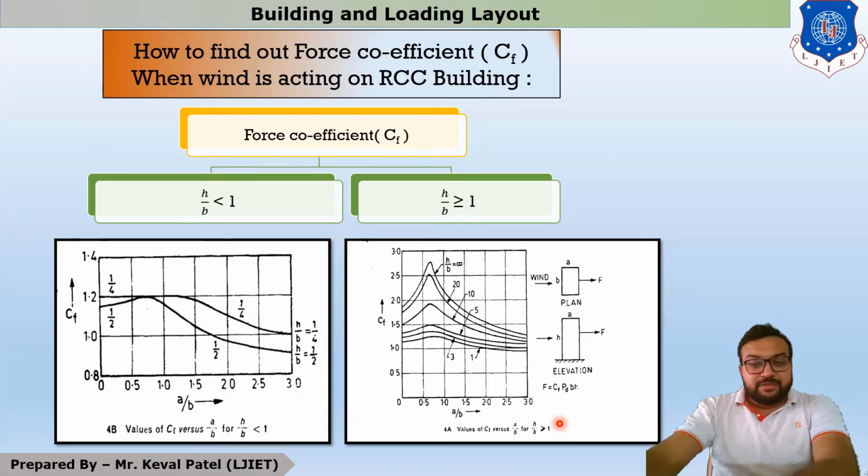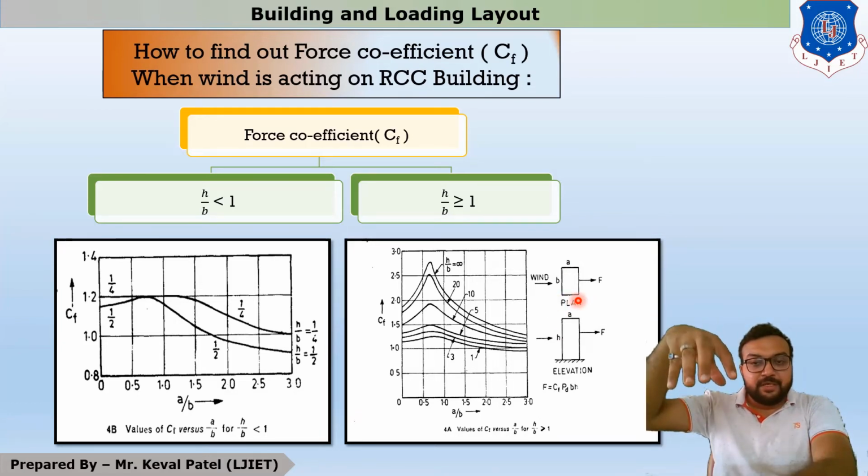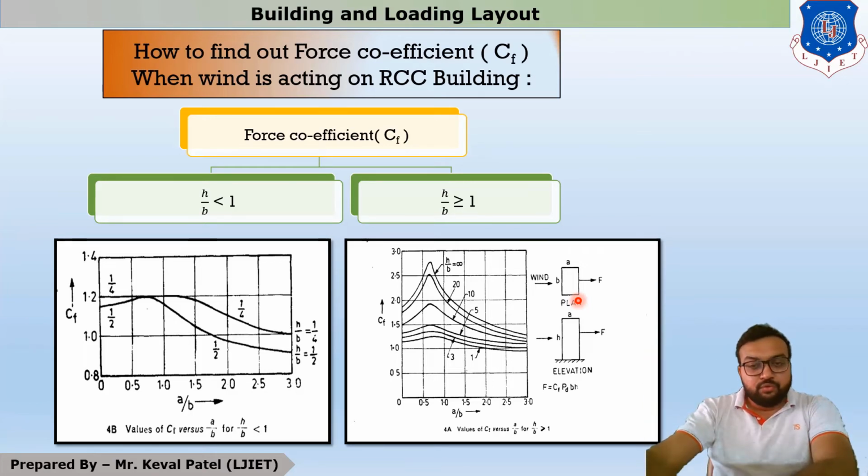Just on the right hand side of figure 4a there are two figures, in which the first is the plan. Plan means whenever you see any building from the top view, it is called a plan.